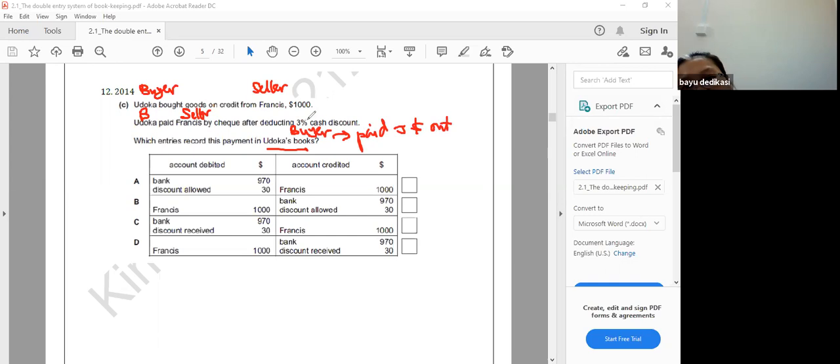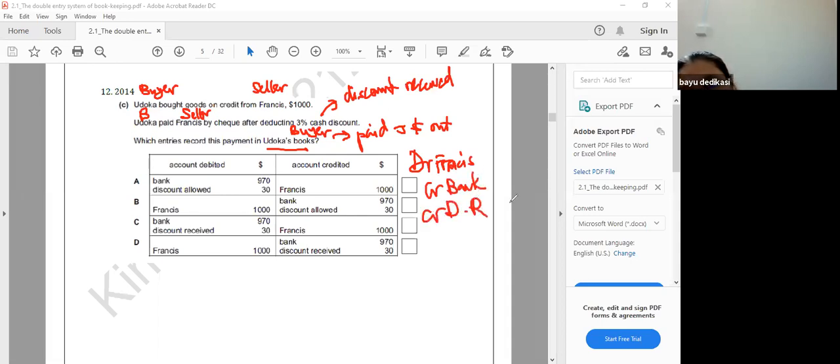So this 3%, from the buyer's point of view, is a discount received. Okay, discount received is always on the credit side. So your double entry will be debit Francis, credit bank, credit discount received. This discount received is 3% of here.